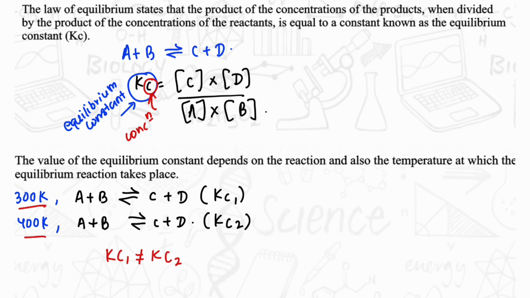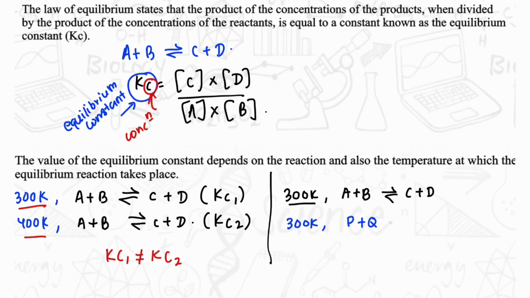So if we have the reaction A plus B will give us C plus D at 300 Kelvin, and also at 300 Kelvin we have another reaction, P plus Q will give us R plus S. So even though the temperatures are the same, these two are two different reactions.